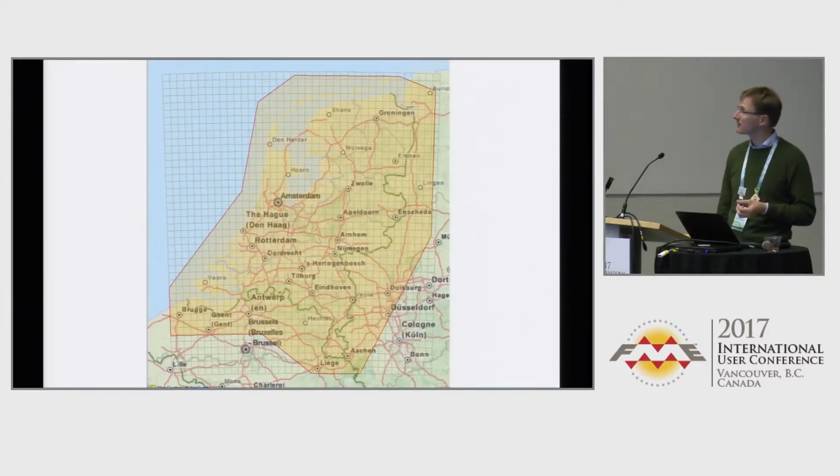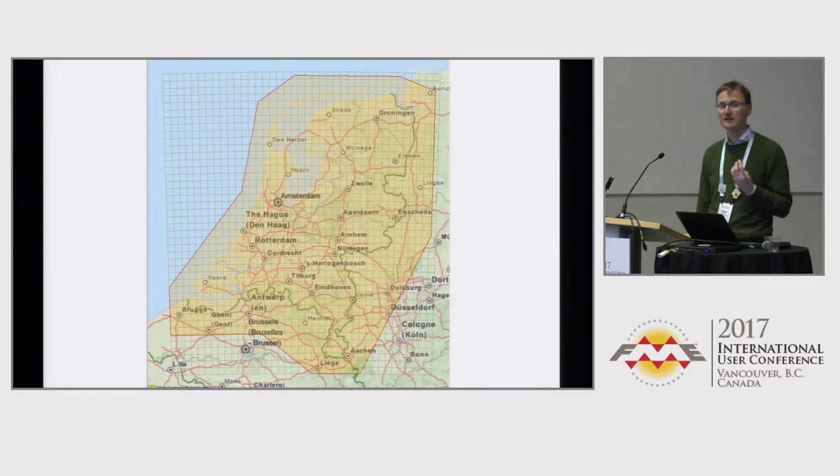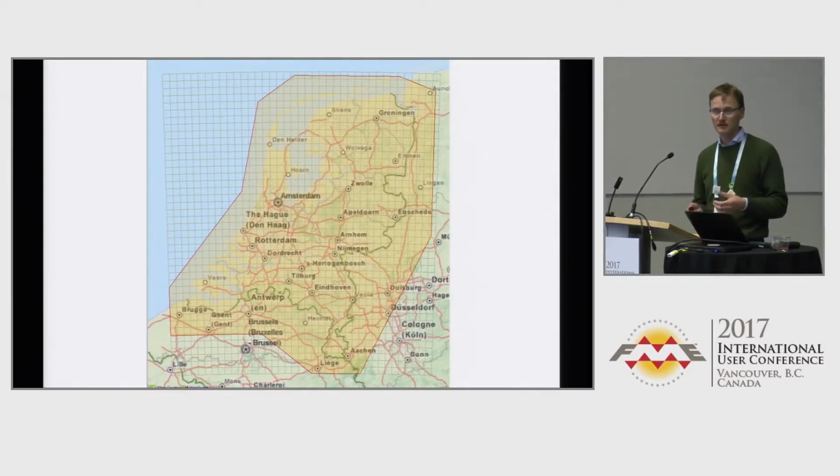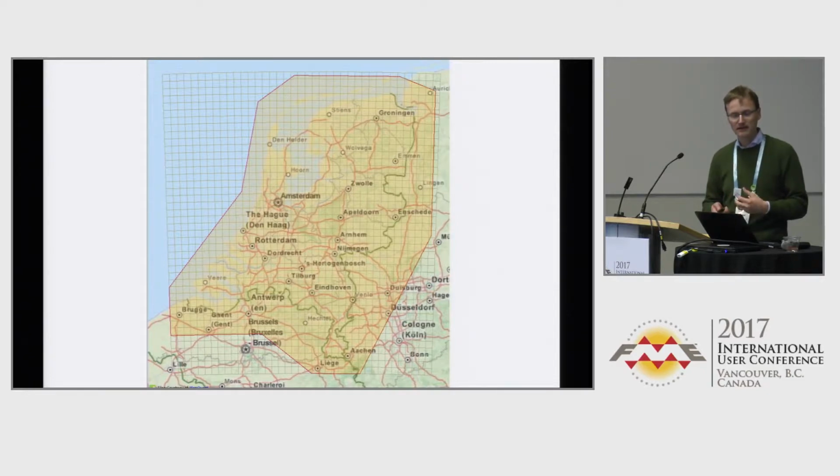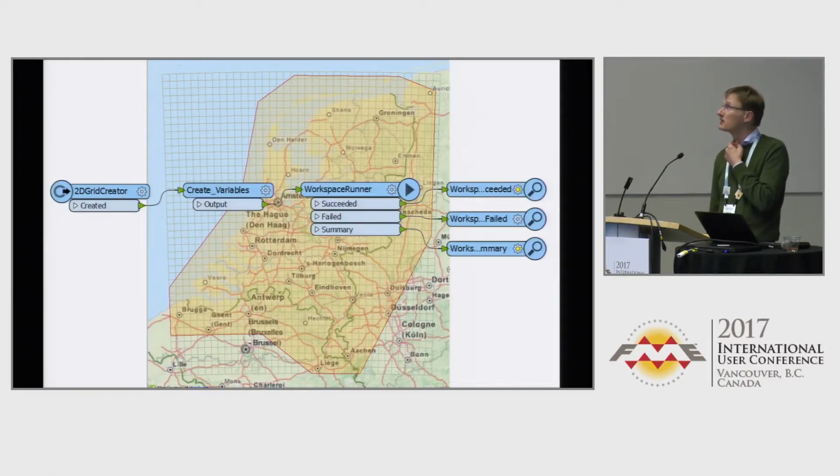So we calculate for the whole of the Netherlands the roughness out of the elevation map, and also the land use map, and we use all kind of algorithms to calculate the roughness of the Earth, so we can do a good prediction of nitrogen. These are millions and millions of calculations, and actually by using the workspace runner, we use it a lot, we can really speed things up.